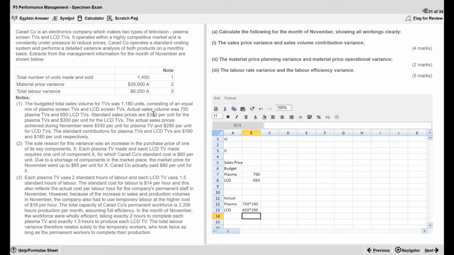Standard prices are given at 350 and 300. So we have 350 here and 300 here. Let's see if there is any change in the budgeted price. Increase in price of material. No, we don't have any change in price, I believe. So I believe this should be the answer.